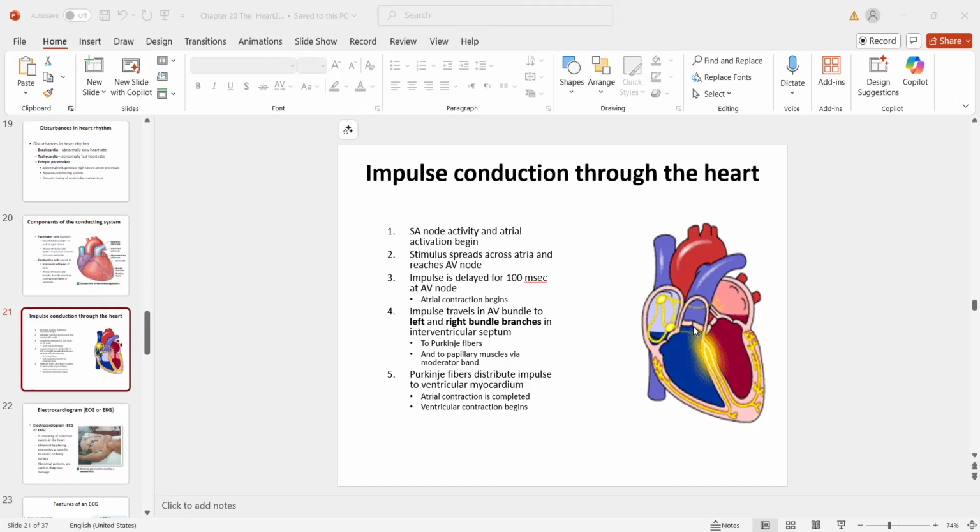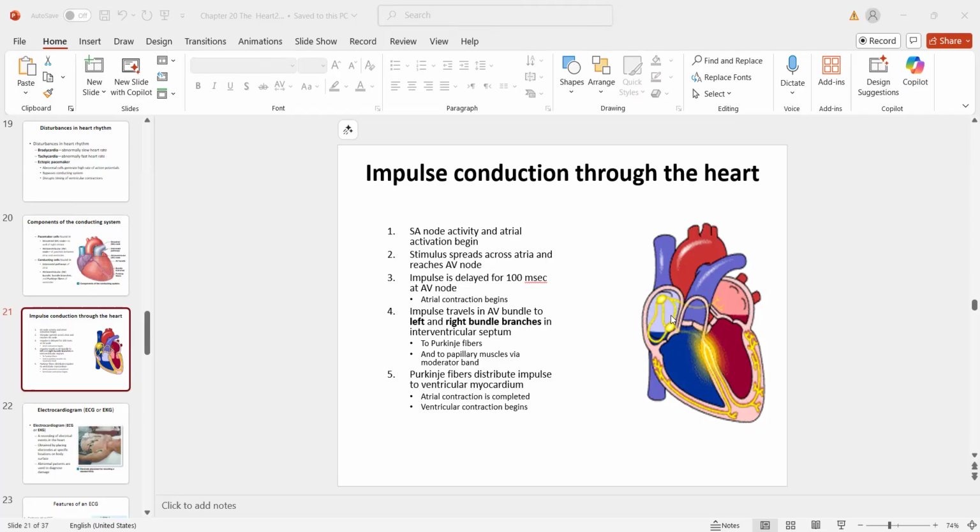A stimulus speeds across the atria and reaches the AV node, the atrioventricular node, and the impulse is delayed there, and then atrial contraction begins.